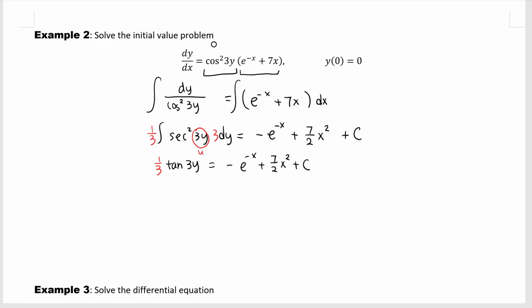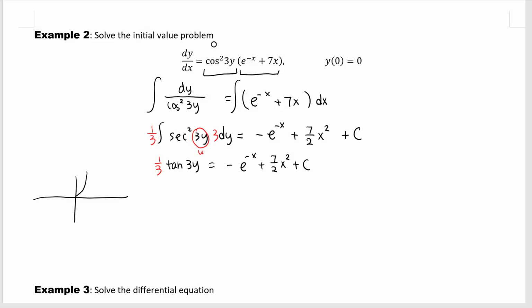Okay, and so after that, because we have the initial condition, we can plug in the initial condition and figure out what c is. So let's do that. It means y of 0 is 0, so x and y are both 0. When we plug in tangent of 0, do you remember what tangent of 0 is?